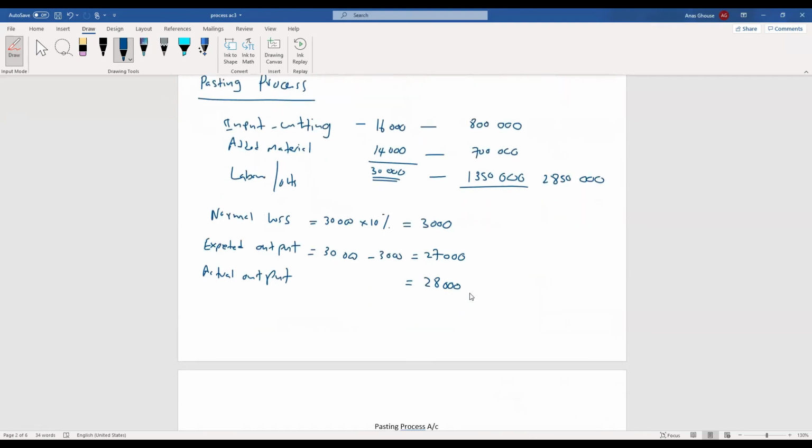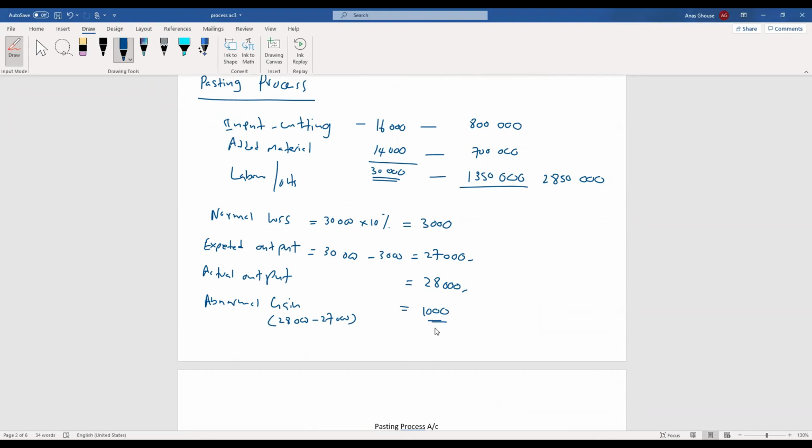If you compare, we were expecting 27,000, whereas our actual output is 28,000. So therefore, there is an abnormal gain of 1,000, which is 28,000 minus 27,000.